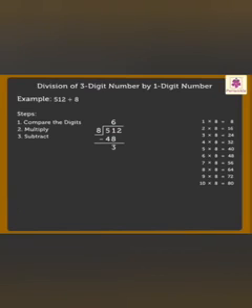Next, we need to compare 3 and 8. Here, 3 is smaller than 8. So, we bring down the ones, that is, 2, and get the number 32. Here, 32 is greater than 8.